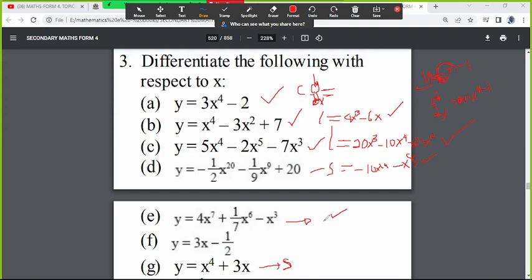Epiphany was next. 28x to power 6 plus 6 over 7 x to power 5 minus 3x to power 2. Shamian.